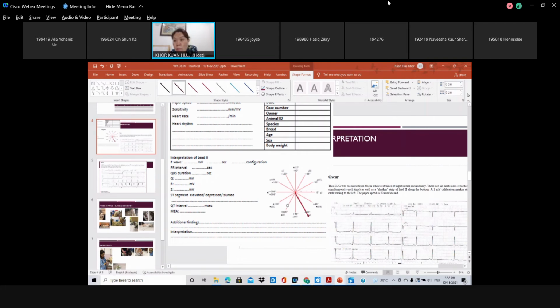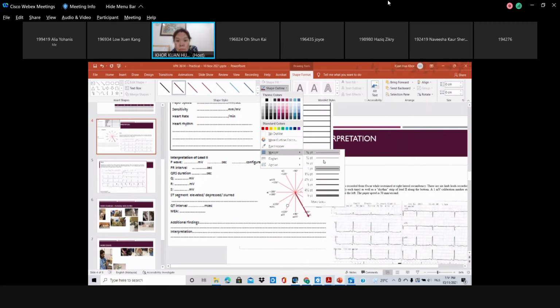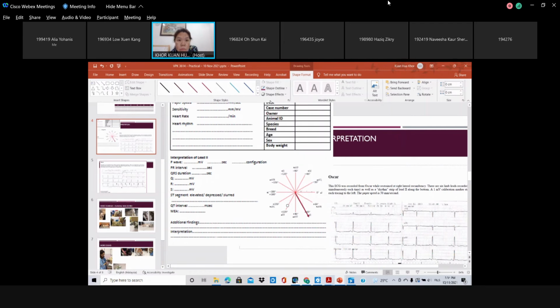Okay, let me ask another person. Xue Kang, if it is lead 3, how tall is the R wave? I think 12. So in lead 3, let's say this is the height of 10 or 11, 12, 13, something like that. Now I'm going to draw my line in another color.